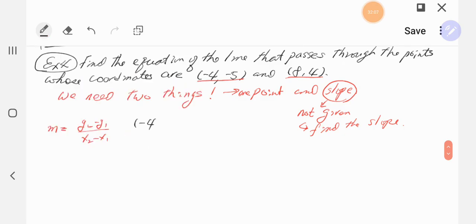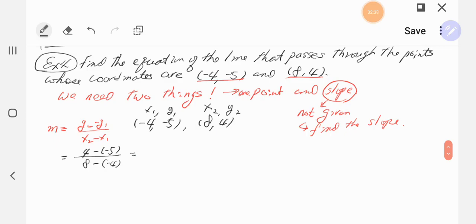So here are (-4, -5) and (8, 4). So 2 points are given. Let's use this as x1, y1, the first point, and this is the second point, x2, y2. So the slope is y2, which is 4 minus -5, over x2, 8 minus -4.